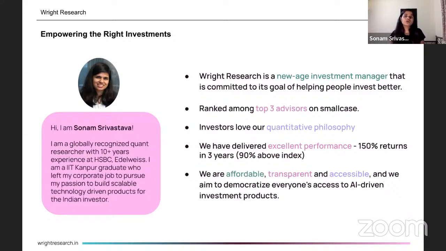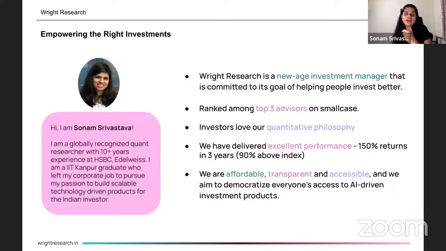We believe these methods can deliver excellent performance, and they've done increasingly well, delivering 150% returns in the last 3 years, which is way above what the index has given. We have a very affordable, transparent, and accessible platform. Along with smallcase, we try to make investing easy for everyone.